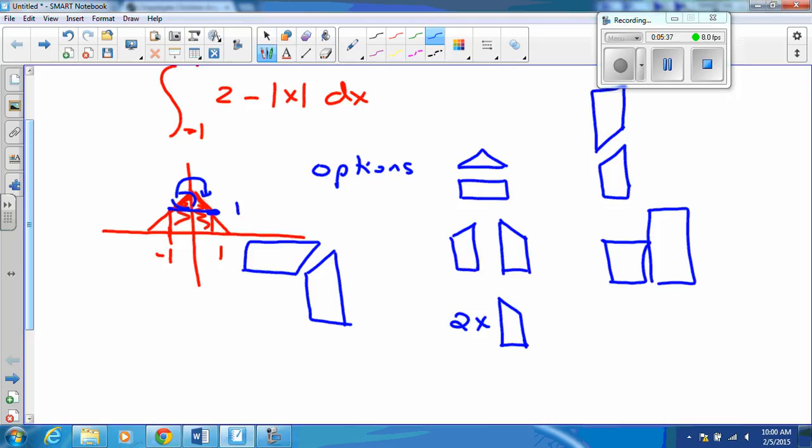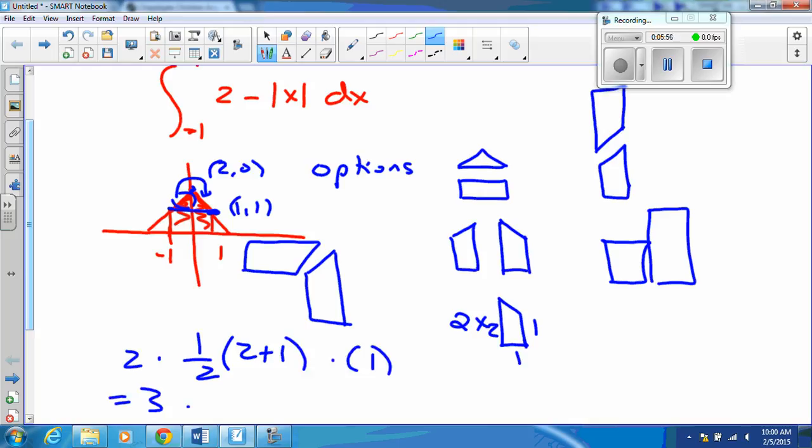It's a matter of identifying coordinates now. This point is 1, 1. This point is 2, 0. And therefore the bases of my trapezoid are 2 and 1, and the width is 1. So I have 2 times the average of 2 and 1 times 1, and all that gives me 3. And I'm done.